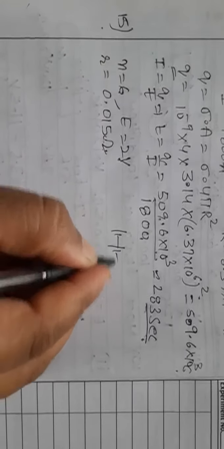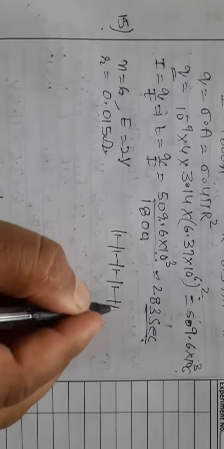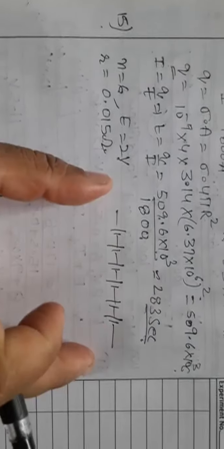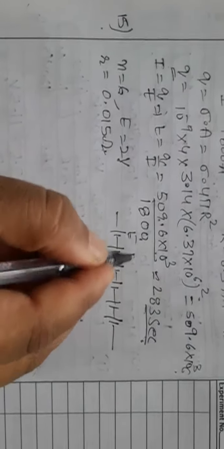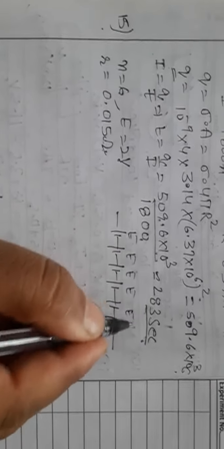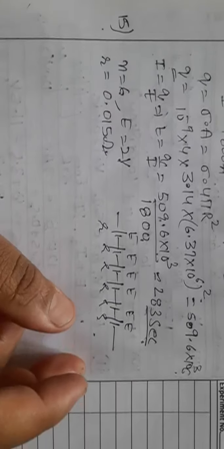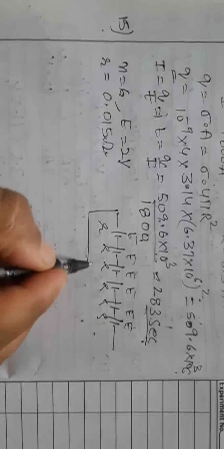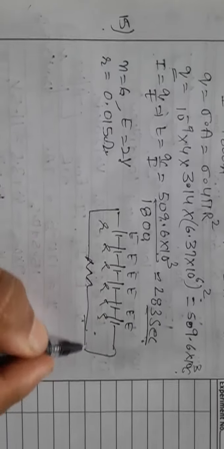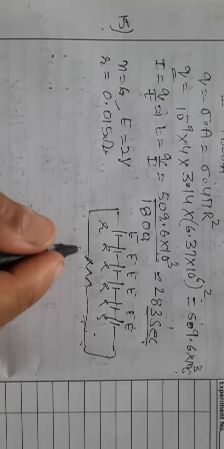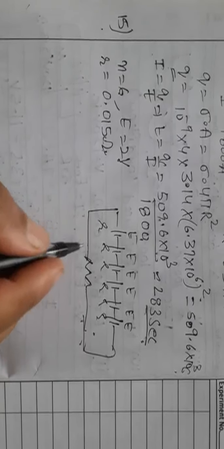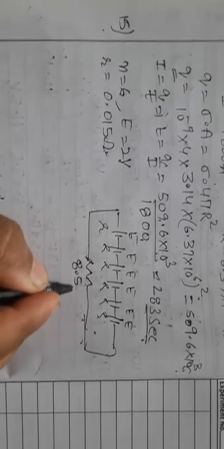One cell, two cells, 3, 4, 5, 6, all are connected in series. Each EMF is the same, internal resistance of each is the same. It supplies current to an external resistor, and the external resistance given to me is 8.5 ohm.